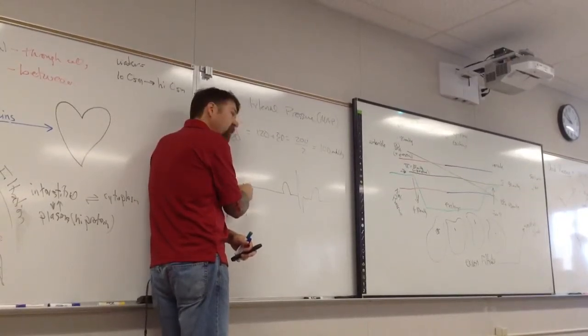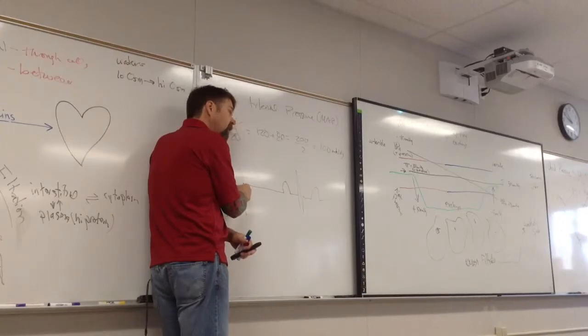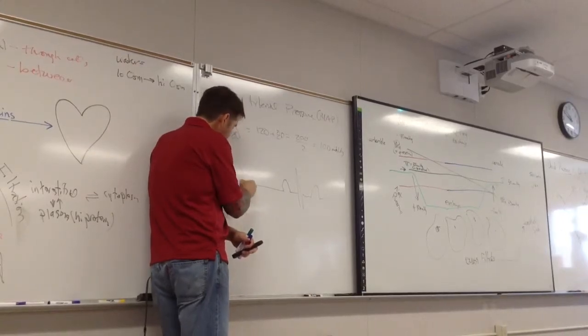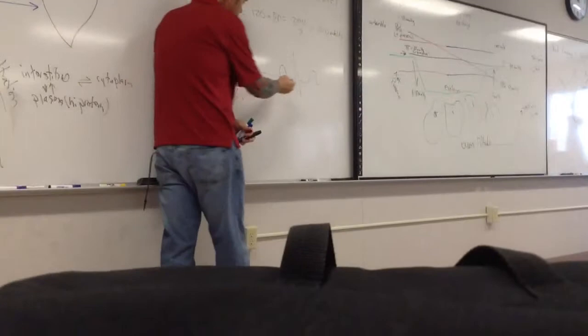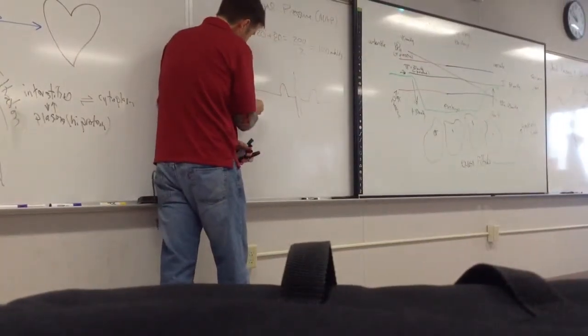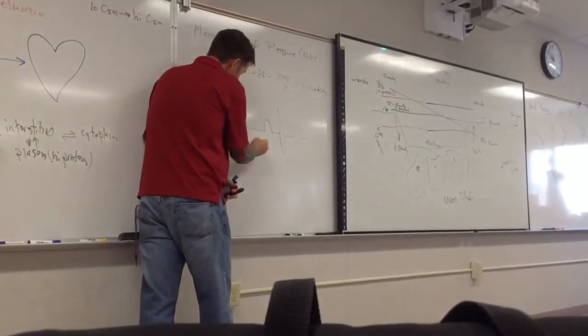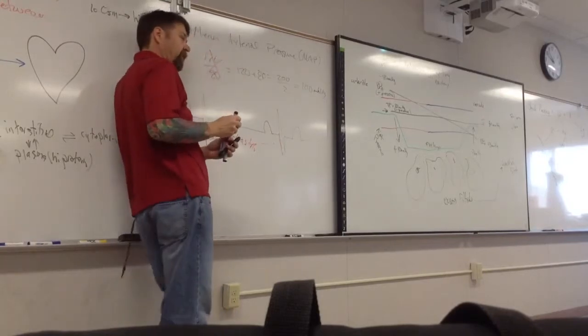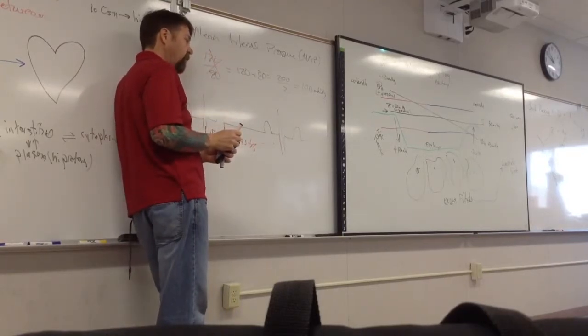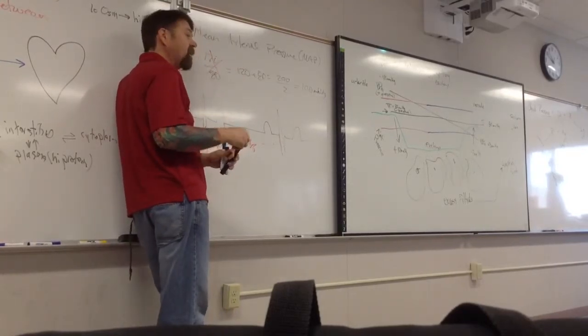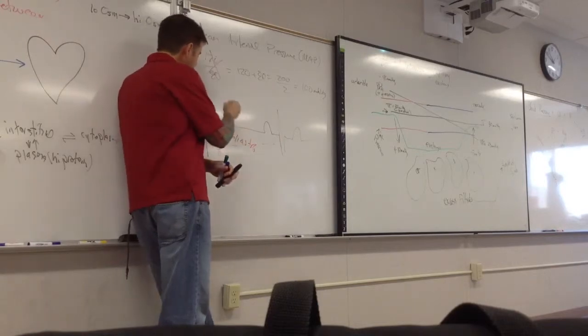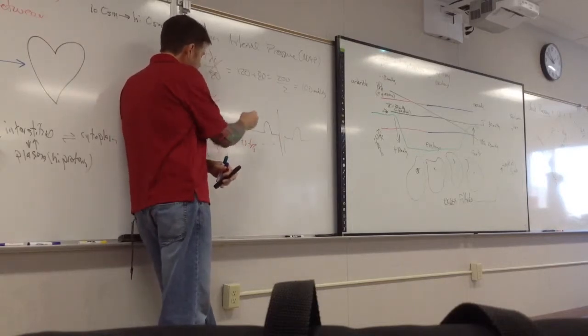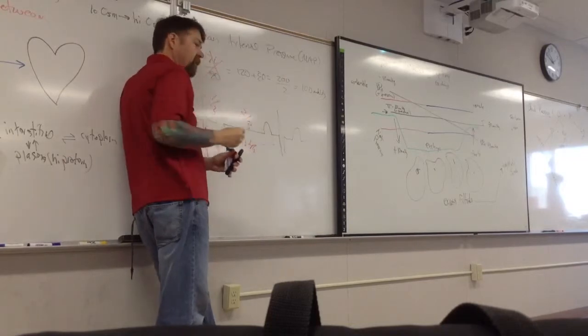Ventricular repolarization and relaxation. We said that the other day. Ventricles contract, and then here ventricles relax. So that means all of this is diastole. If we look at a cardiac cycle, it's actually about 1/3 systole, 2/3 diastole.